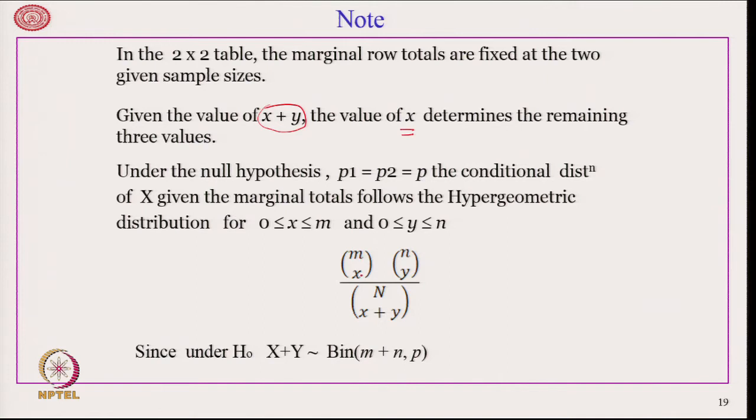That is going to be m C x times n C y, the product, divided by capital N C (x plus y). This happens because under the null hypothesis that P1 is equal to P2 is equal to P, the sum x plus y is also a binomial random variable with parameters m plus n and p.